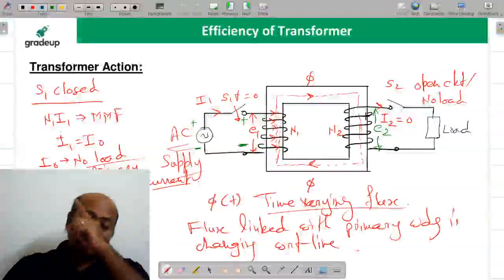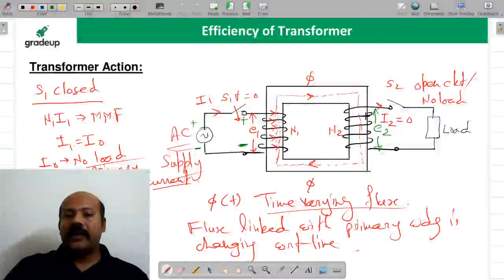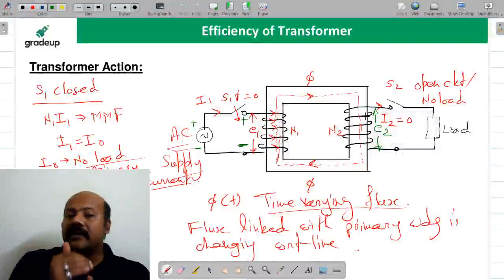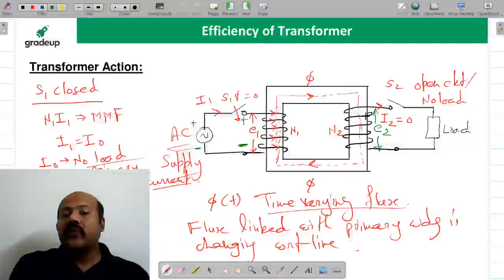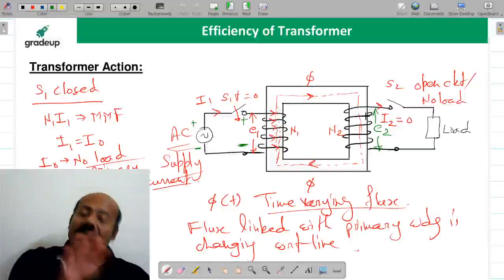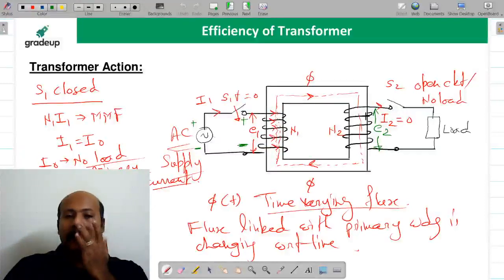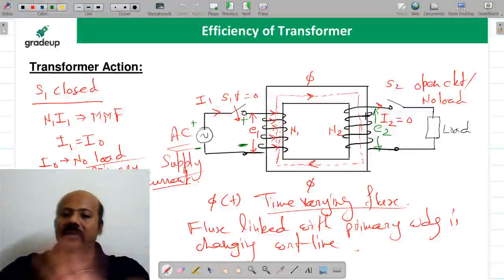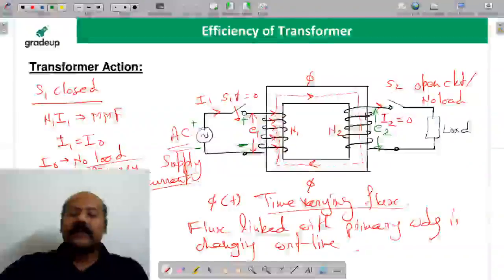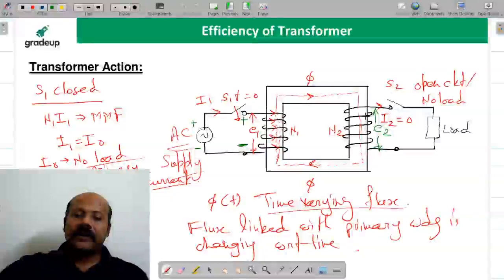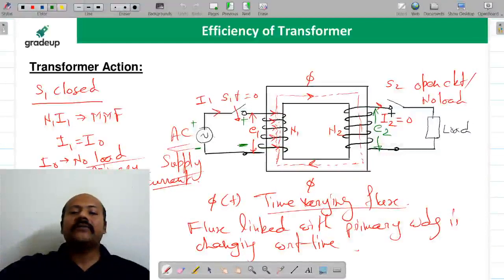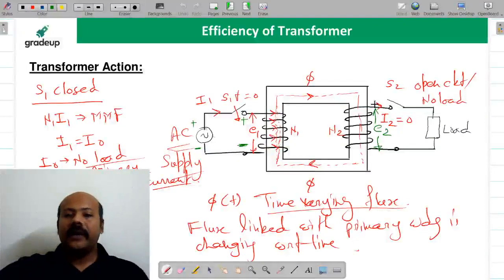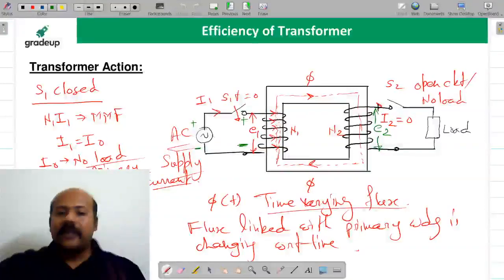That logic is, given an opportunity, E2 will flow the current in such a direction so as to oppose the change in flux. Yes or no? Again Lenz's law. Now please try to understand. Right now this switch is open. We are not concerned with the polarity right now, at least right now. But the moment this switch is closed, we will try to see what is going to happen.